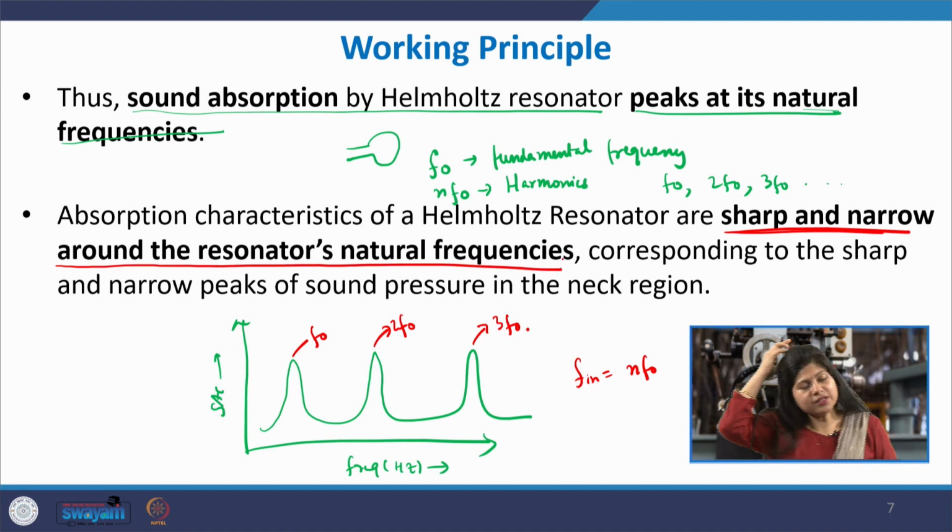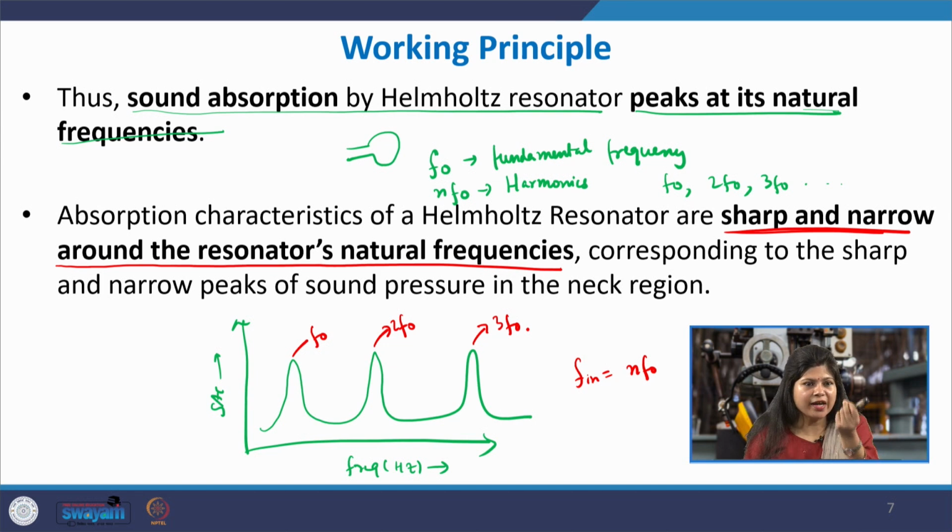As you can see, compared to the porous fibrous materials, both the panel absorber as well as the Helmholtz resonator can achieve low frequency absorption, because you can tune the dimensions of the system so that the first frequency comes at a lower hertz. So, you can attain the natural frequency at any desired point by tailoring the dimensions of the resonator, but the characteristic is going to be very sharp and narrow.